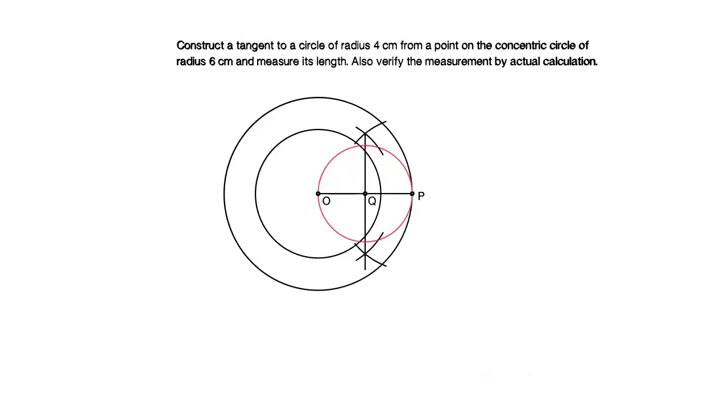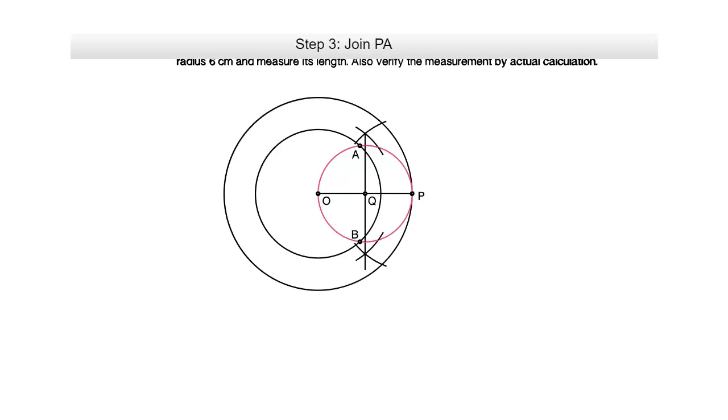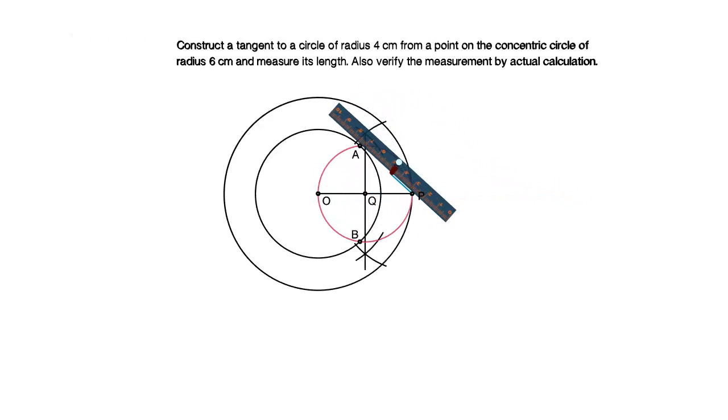Let us name the intersection points where this imaginary circle and the original circle meet, from where you need to draw the tangent, as A, and the other intersection point as B. Now the next step is to join the points AP and BP. AP and BP are the required tangents.